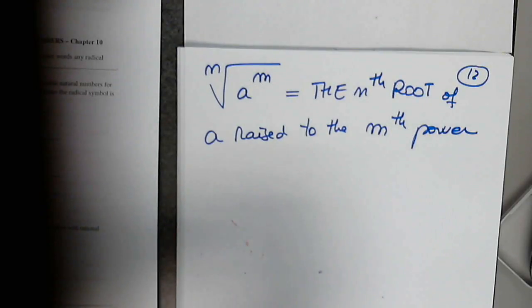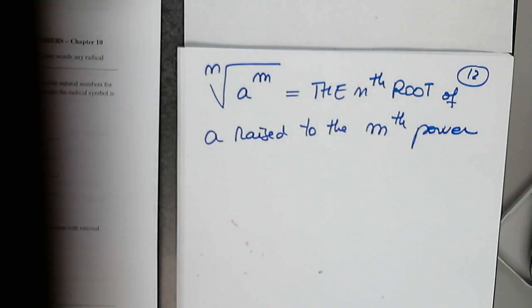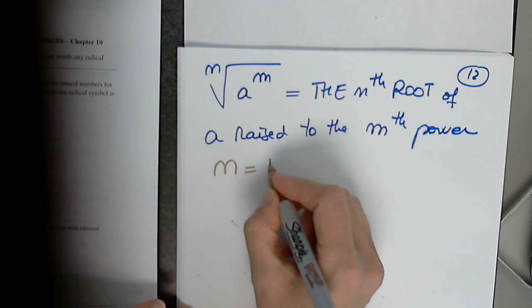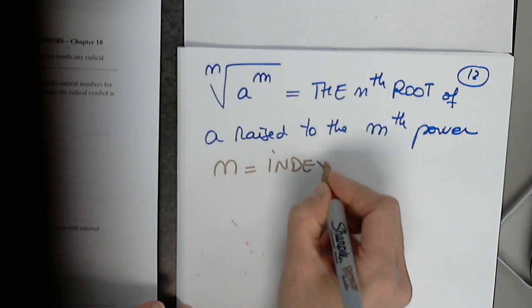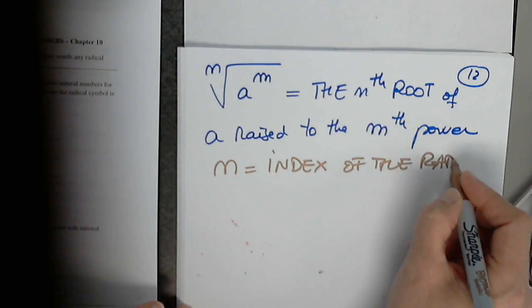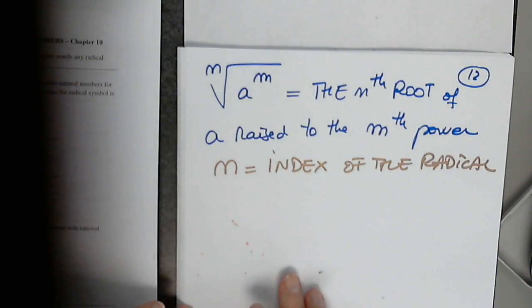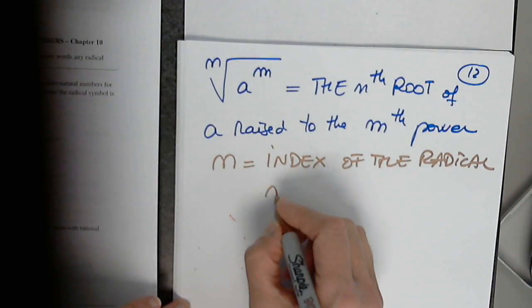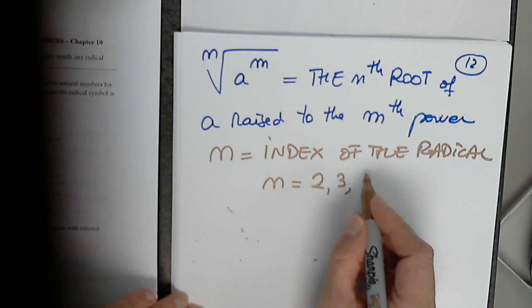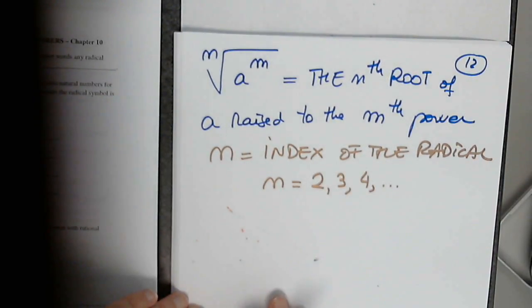So the nth root of a raised to the mth power. So what does n mean? It's the index of the radical. And the index can be 2, 3, 4, and so on and so forth.